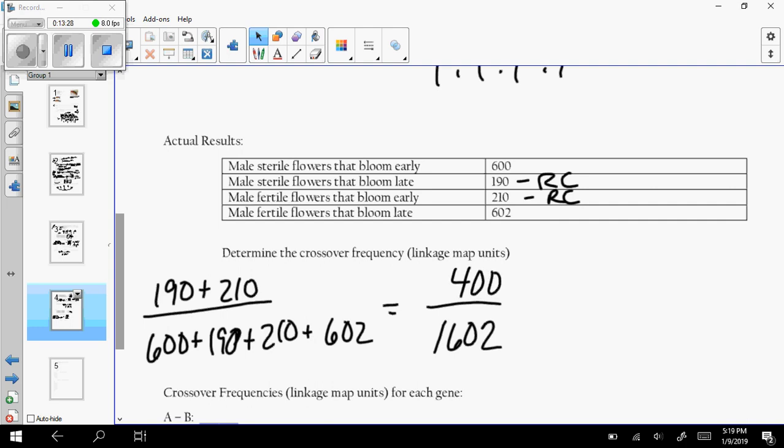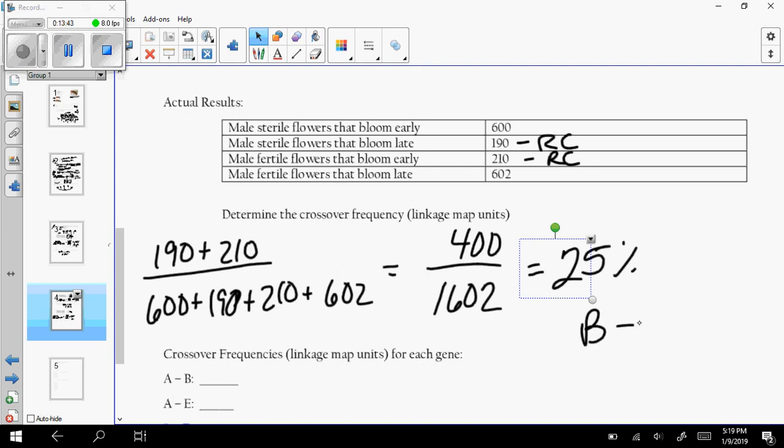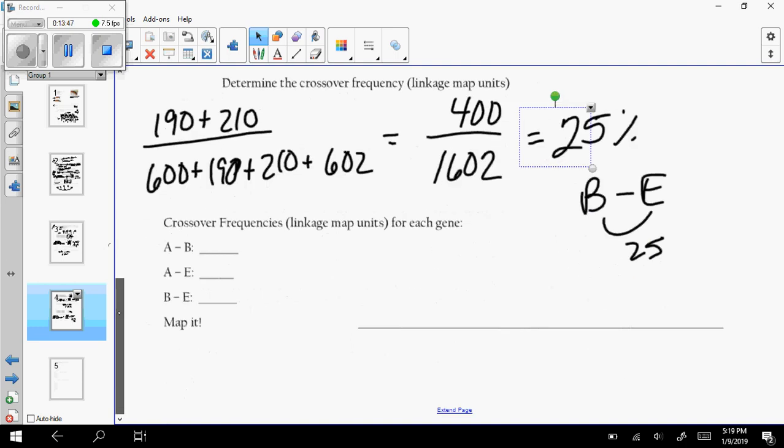That's going to be like 25%. So 400 divided by 1602, yeah, 24.968. So I'm going to say that's 25%. So that tells me that my B's and E's are 25 apart. So I write down here what I got.